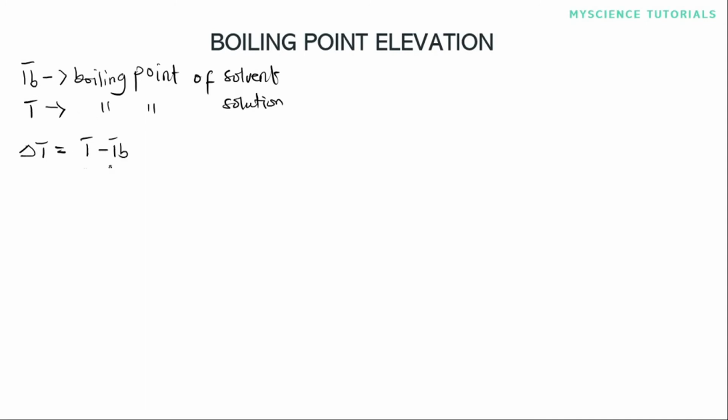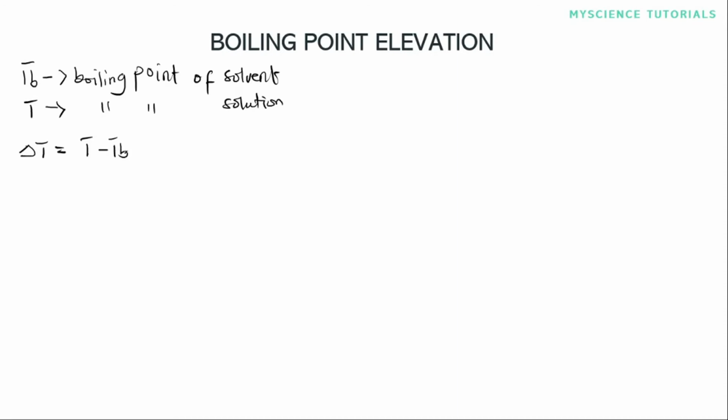That means we are subtracting the boiling point of the solvent from the boiling point of the solution, because we know the boiling point of the solution after we add the solute will be higher than the boiling point of the original solvent. So this becomes our boiling point elevation.